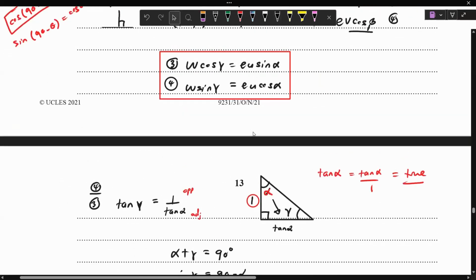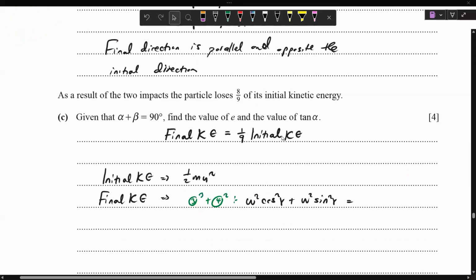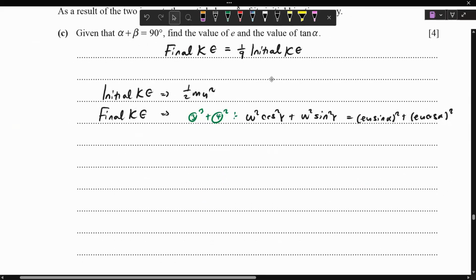And on the right side, it will be (EU sine alpha) squared plus (EU cos alpha) squared. So on the left side, we will be left with W squared, since cos squared gamma plus sine squared gamma gives us 1.